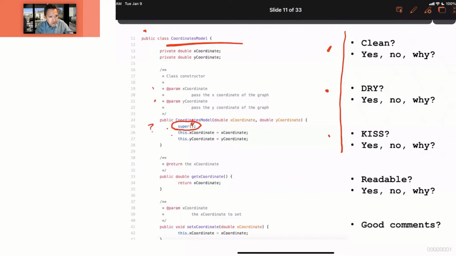There is no reason. Moreover, if I delete this line and recompile this code together with the other classes in this project, probably nothing is going to change, nothing is going to happen, because that super is garbage. That is my only problem here.